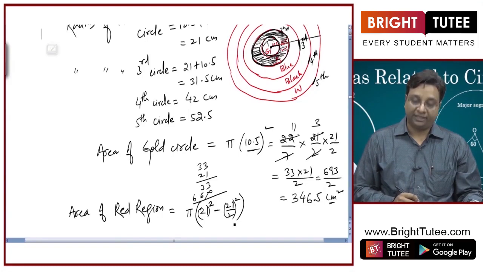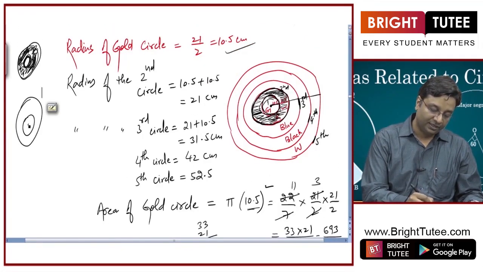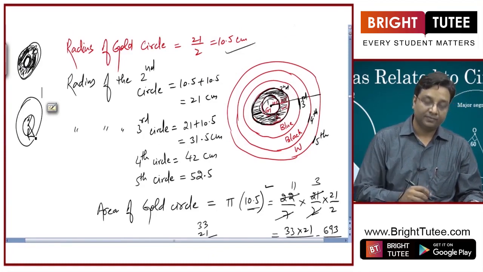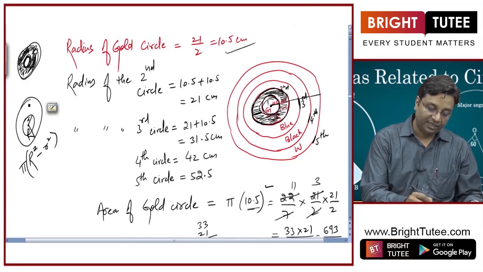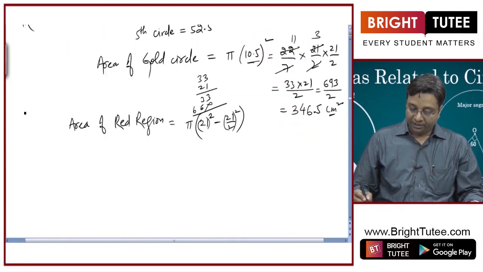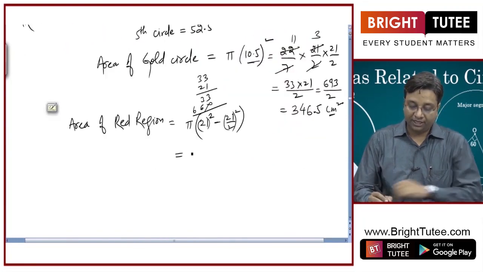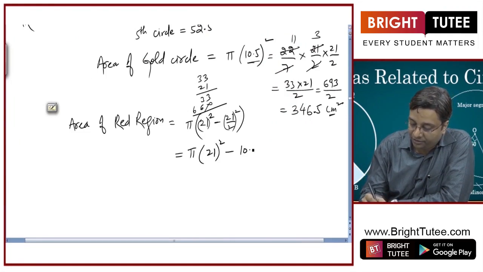This will be the area of the red region. What I have done here is, let us say this is small r and this is big R. I have done pi R squared minus pi r squared. So this will give me the area enclosed between these two circles, right. So this is how you will get this area. This is 10.5, so pi into 21 squared minus 10.5 squared.